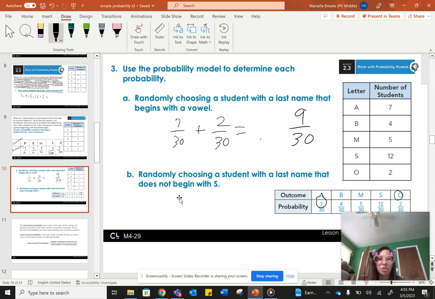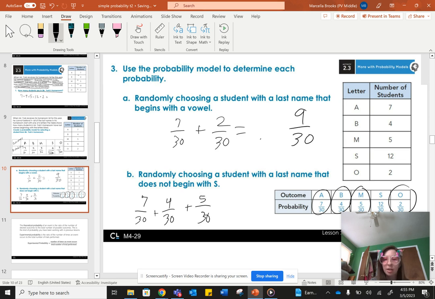Okay, and then randomly choosing a student with a last name that does not begin with S. So how many of these are options that don't begin with S? That'd be this, this, this, and this. So you'd add all those together. So you do 7 out of 30 plus 4 out of 30 plus 5 out of 30 plus 2 out of 30.